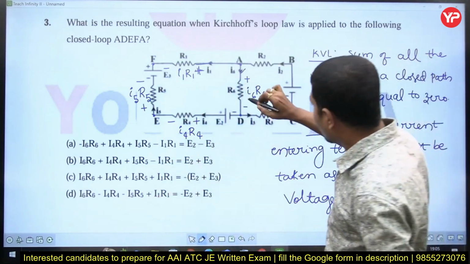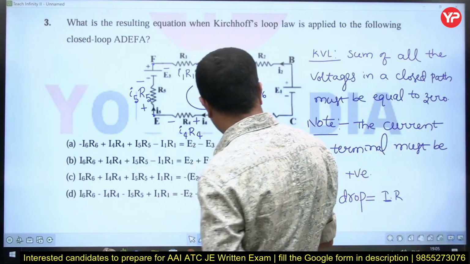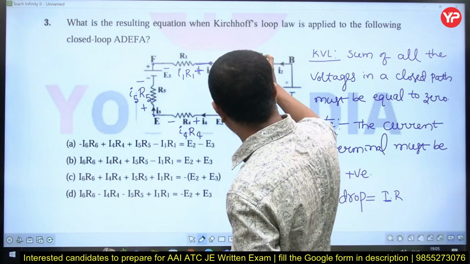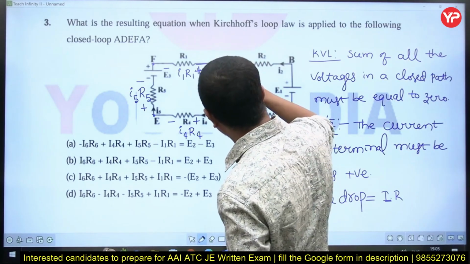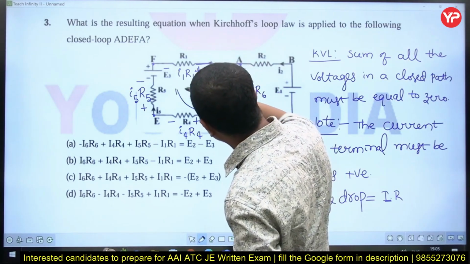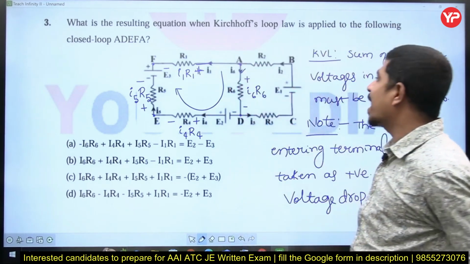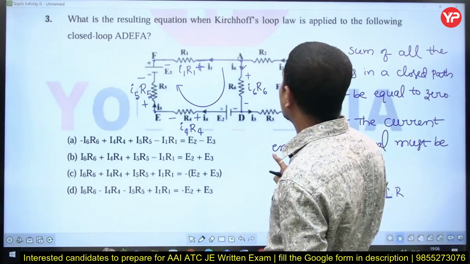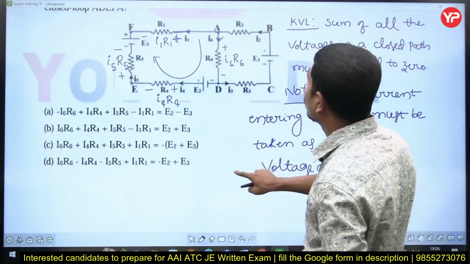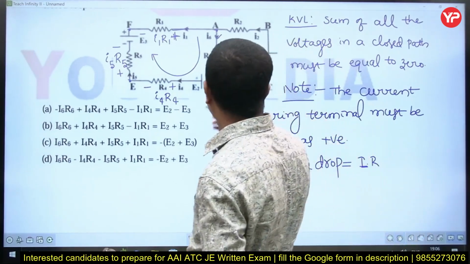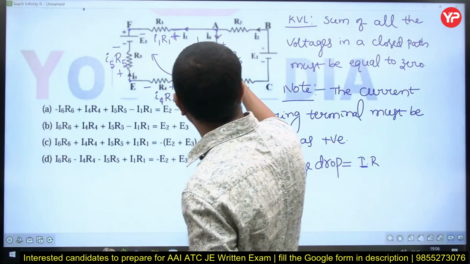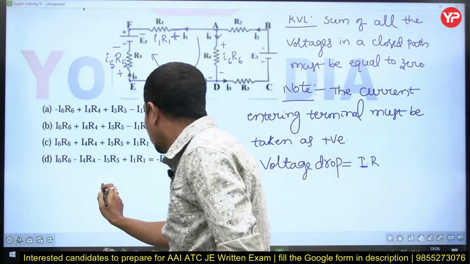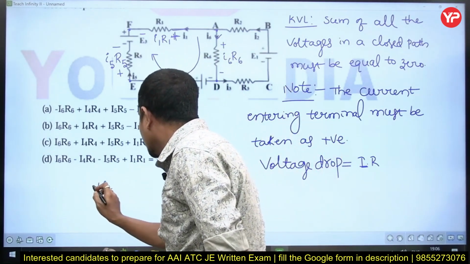Now for this closed loop he is asking, but the direction is asking to follow this way, A, D, E, F, A. He only mentioned the direction, right? Now I'll start at this A, okay? Observe it carefully. All of you tell me what should I write? I6 into R6, plus I6 into R6.